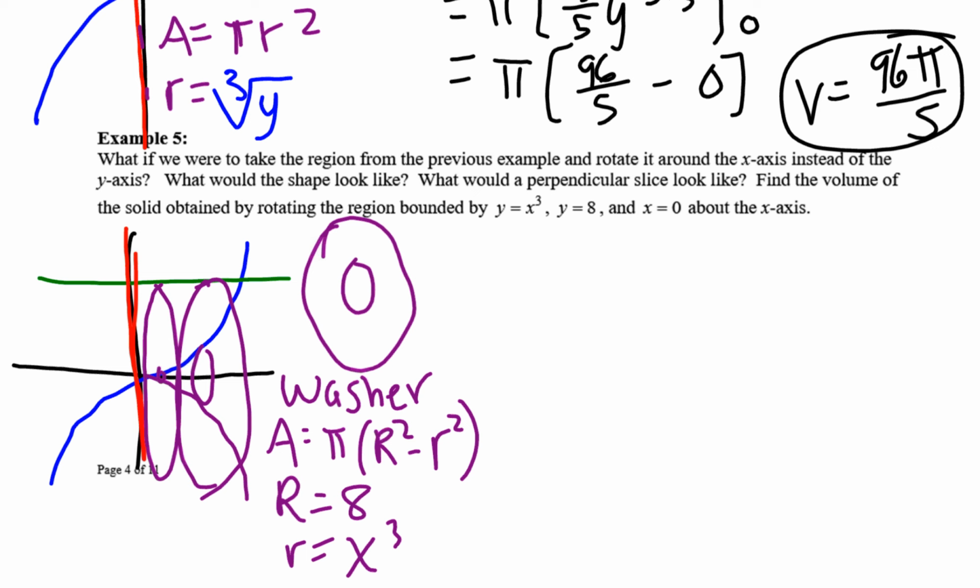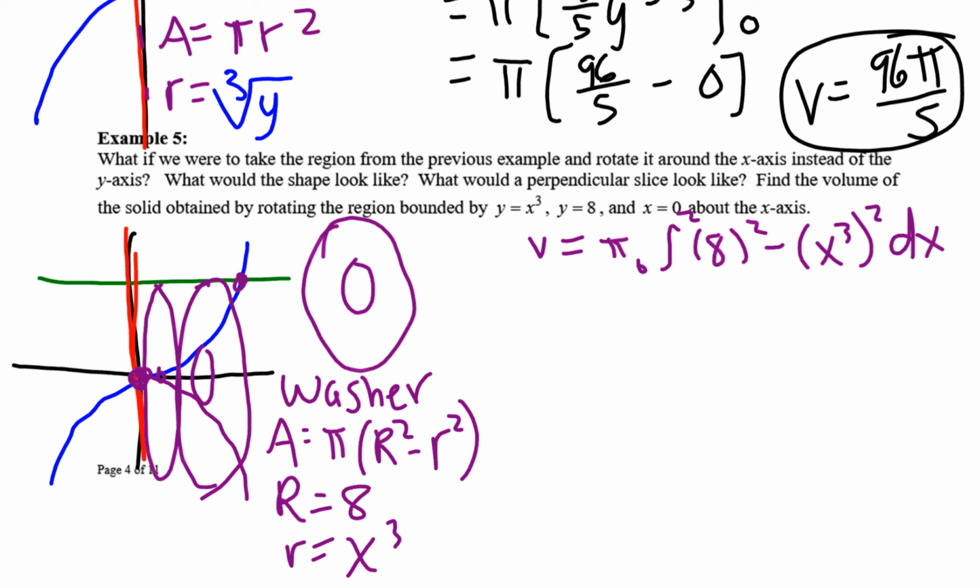So now it's just as easy to set up the volume. Volume equals pi times big R squared minus little r squared. And our x values we're going from 0 to, that's y equals 8, so that would be 2.